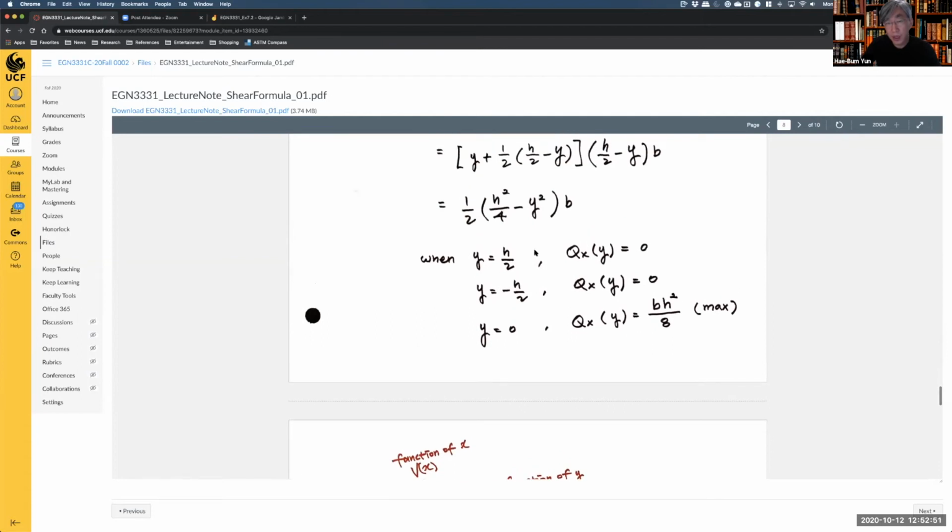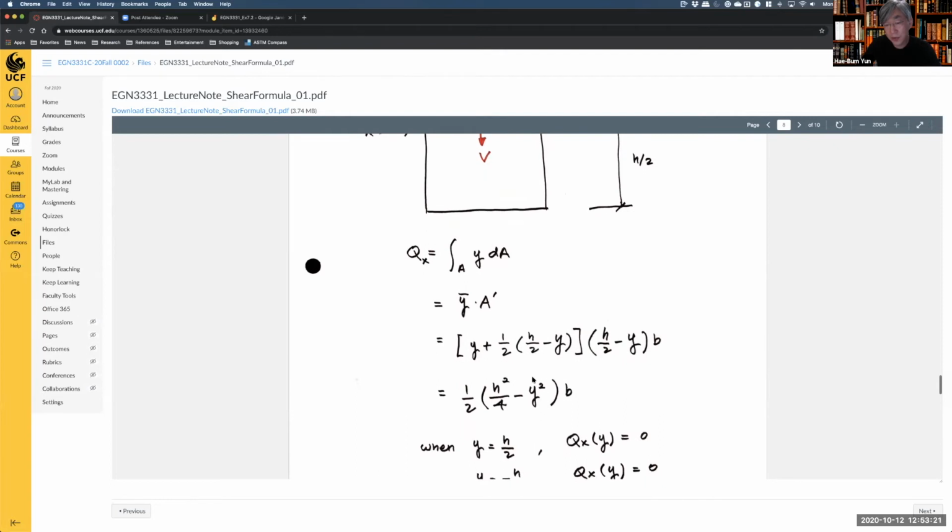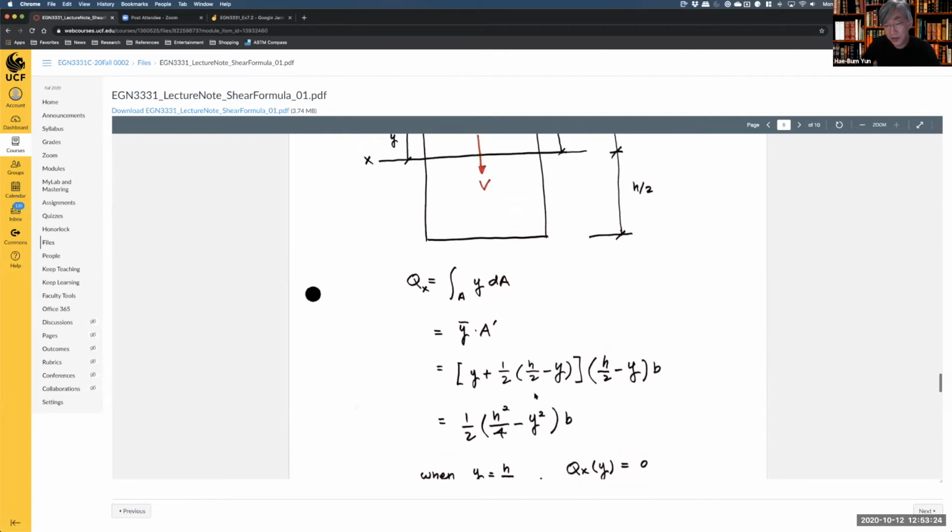Then I will plug in the numbers. In this cross section, the top, the middle where the neutral axis is, and the bottom are the locations of interest, right? If I put y at the top, which is y is h over 2, what will Q be?